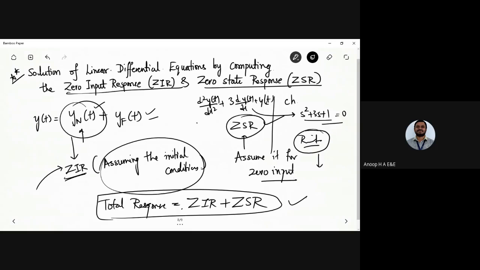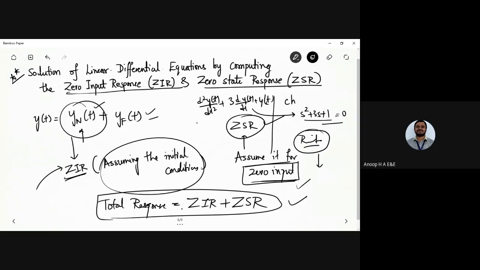In order to calculate the zero state response, you have to assume zero input, and also the initial conditions that are given. The first one was the zero input response, and the second one was for zero input where you have the zero state response.